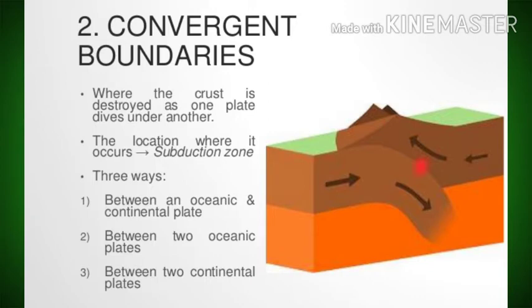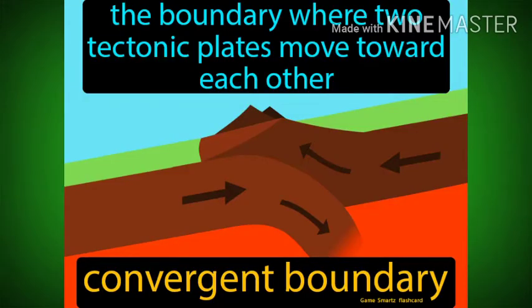If we talk about the second type of plate boundary, that is convergent boundary. In plate tectonics, a convergent boundary, also known as a destructive plate boundary, is a region of active deformation where two or more tectonic plates or fragments of the lithosphere are near the end of their life cycle. Here, crust is destroyed as one plate dives under another.